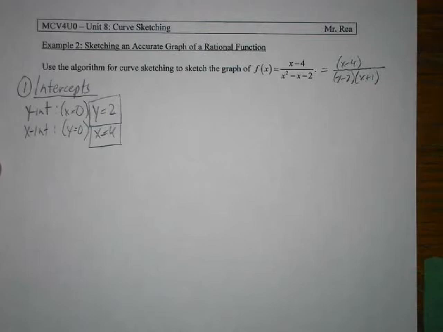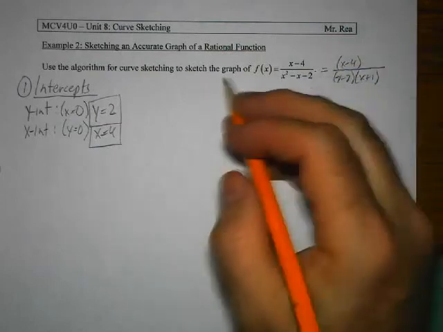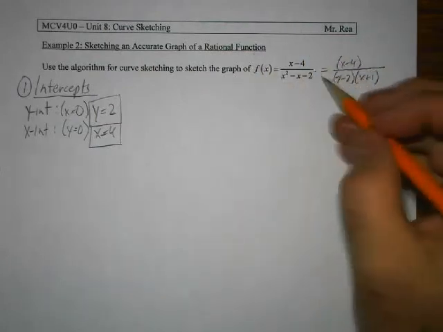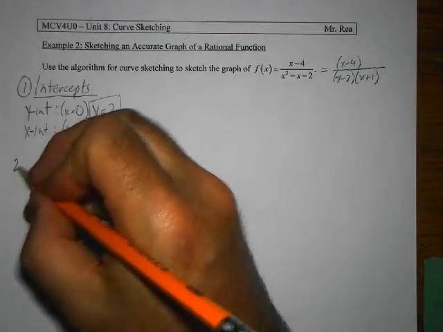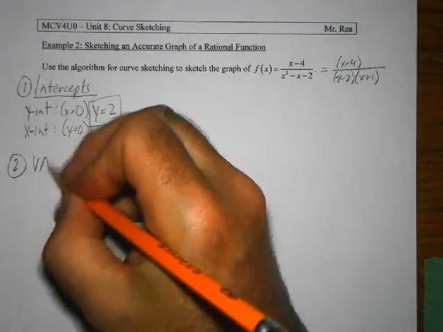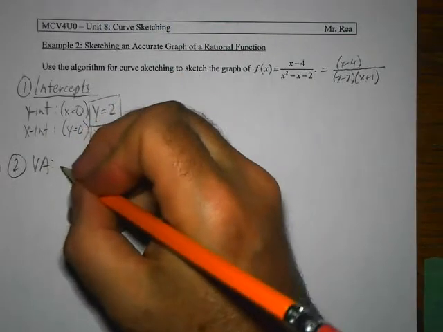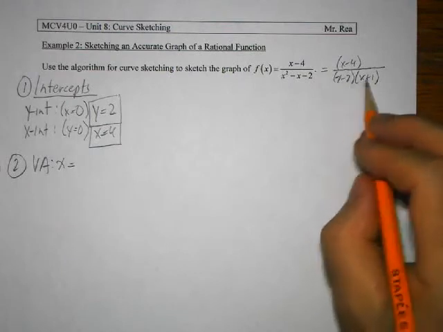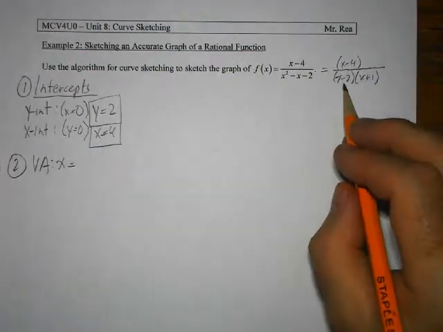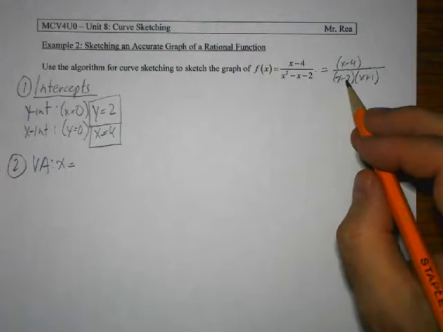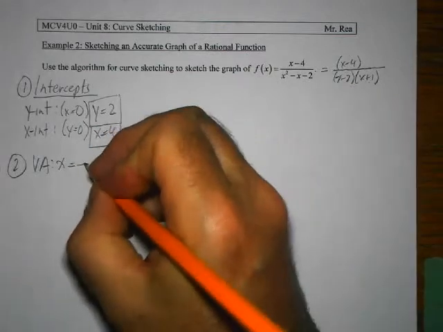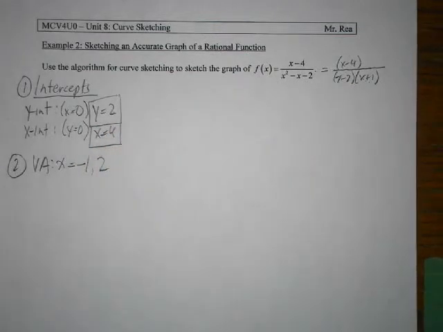Okay, so now that we're talking about rational functions, we've already talked about asymptotes. Let's do the vertical asymptotes. These should be fairly straightforward to get. You set each of these denominator factors equal to 0, and you get x equals 2 and x equals negative 1.